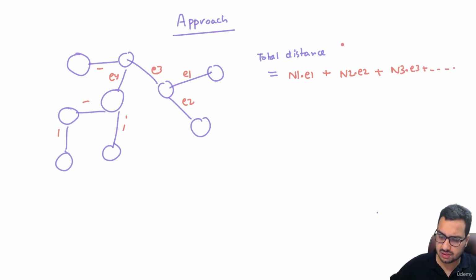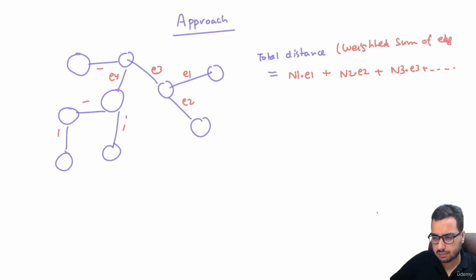So total distance would be nothing but a weighted sum of edges. This everyone agrees.